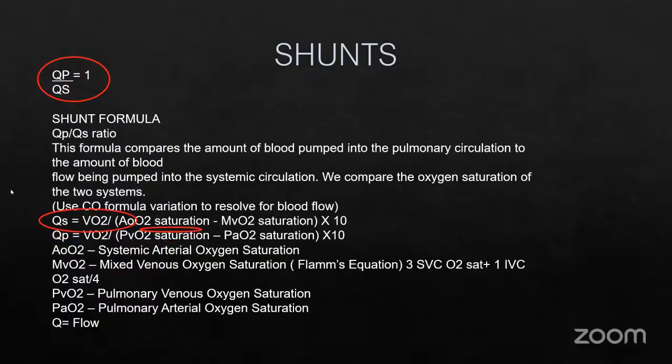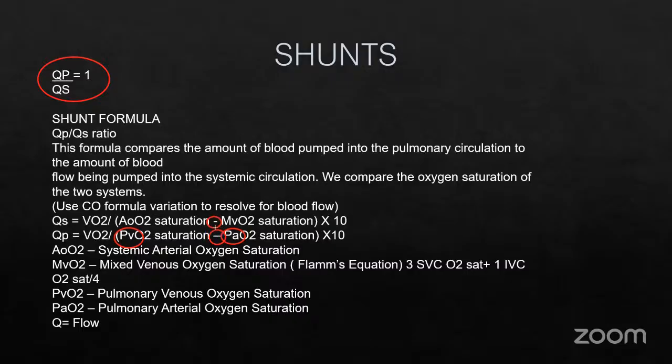The formula for QS is cardiac output. We are just going to plug in different information because we are looking at the systemic, which is AO, and mixed venous or RA. For QS, I'm going to substitute AO O2 saturation minus mixed venous O2 saturation times 10. For QP, I'm going to use PV and PA. And remember, the minus symbol means difference.